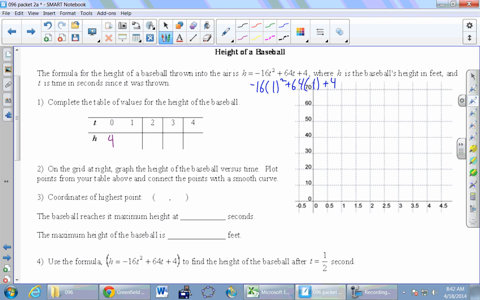Substituting in 1 for those t's. So 1 squared is 1 times -16 is just -16 plus 64 plus 4. So what do we get there? Is that 52? Is that okay?